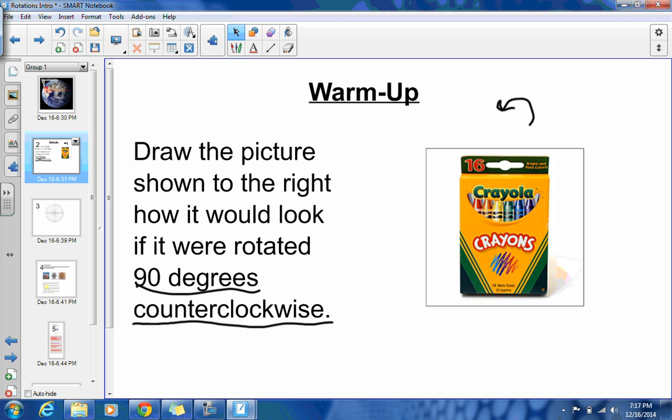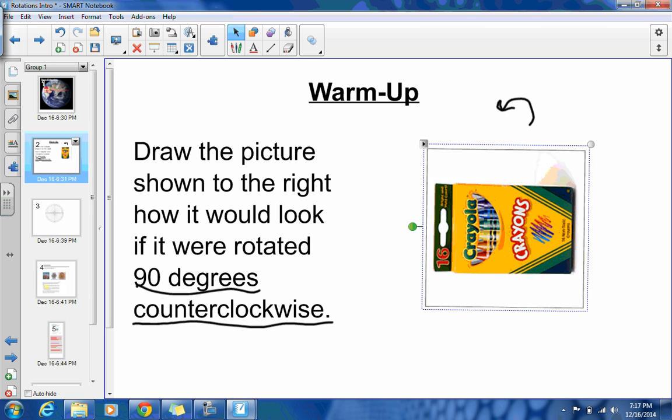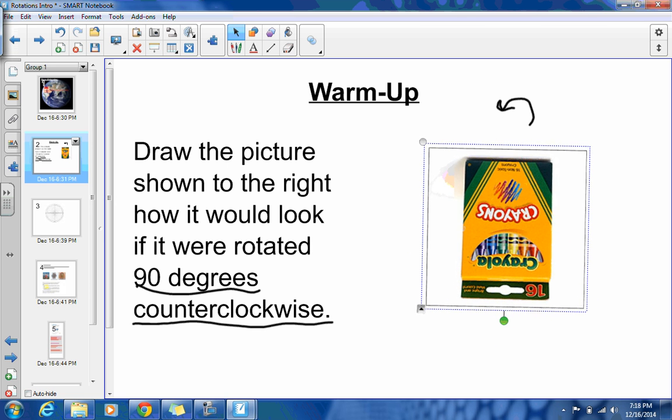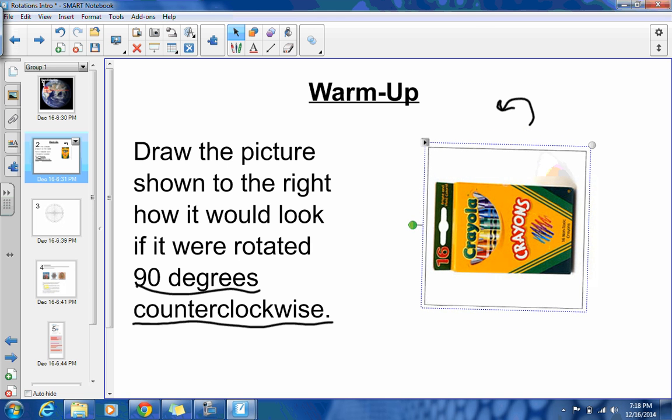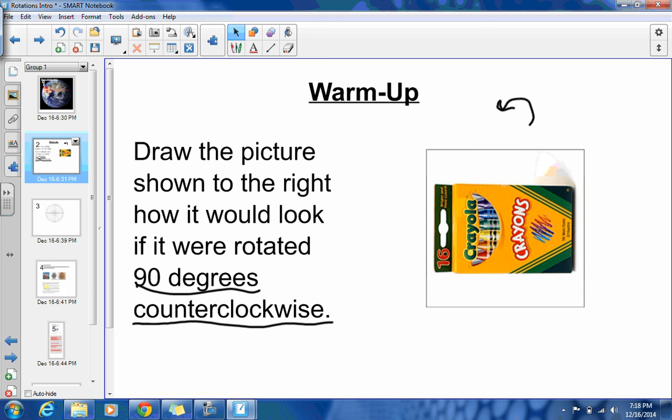And you might not think of what that means, but if you think of 180 degrees, that'd be flipping completely over. So I can rotate, this would be 180 degrees. So 90 degrees would be half of that. You only rotate it to the side. That is a 90-degree rotation if you rotated the whole thing.